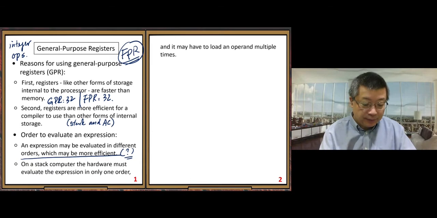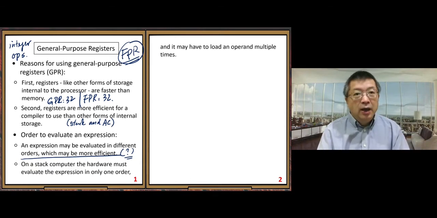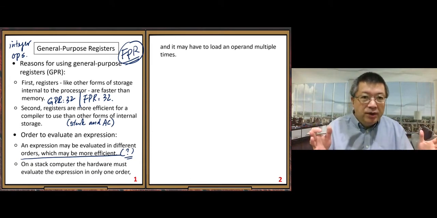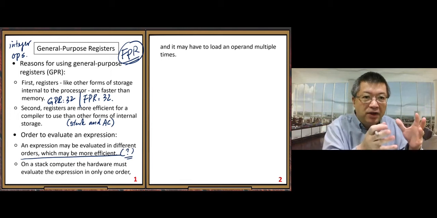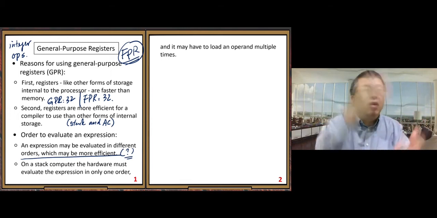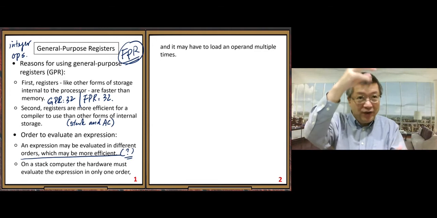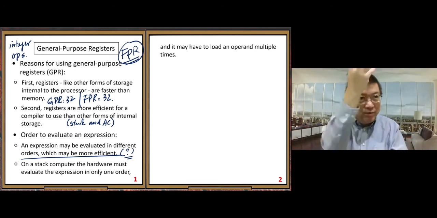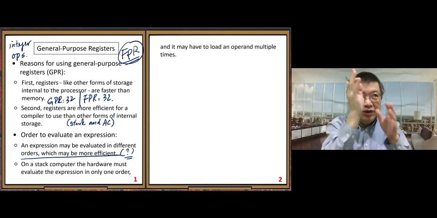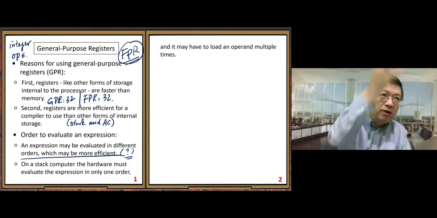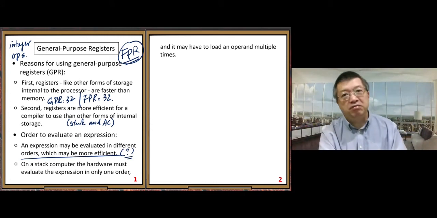On a stack computer, the hardware must evaluate the expression in only one order. With a stack, you do not have freedom. You have to use pop, push. You have to use one single order to do the execution.